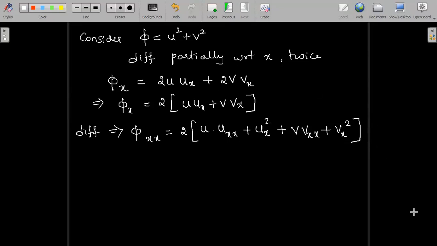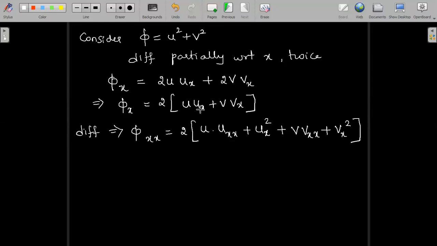Let me explain the product rule for you. First I will have to apply the product rule to u into ux, because both u and v are functions of x comma y. They are not constants here. ux means it's a partial derivative of u with respect to x, so there also we need to apply the product rule. First I will keep u as it is. Differentiation of ux is uxx, meaning differentiation of dou u by dou x is dou square u by dou x square.